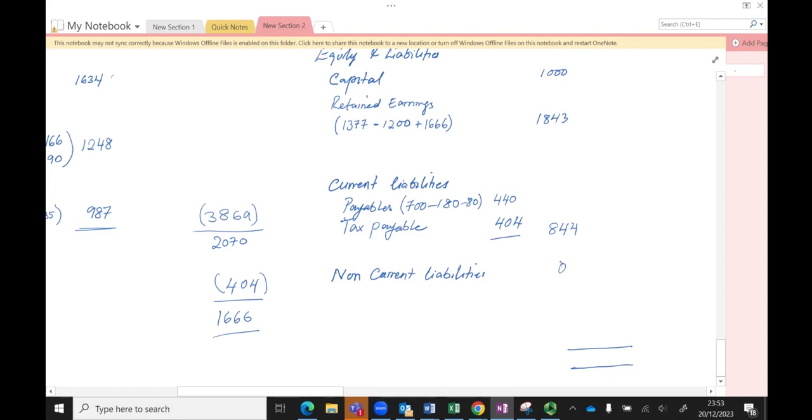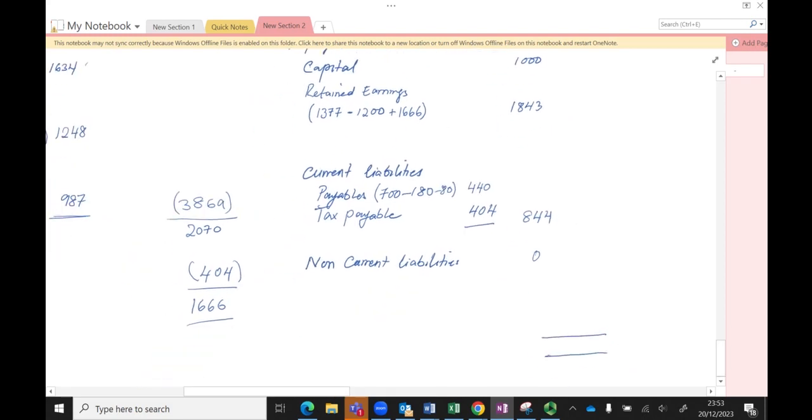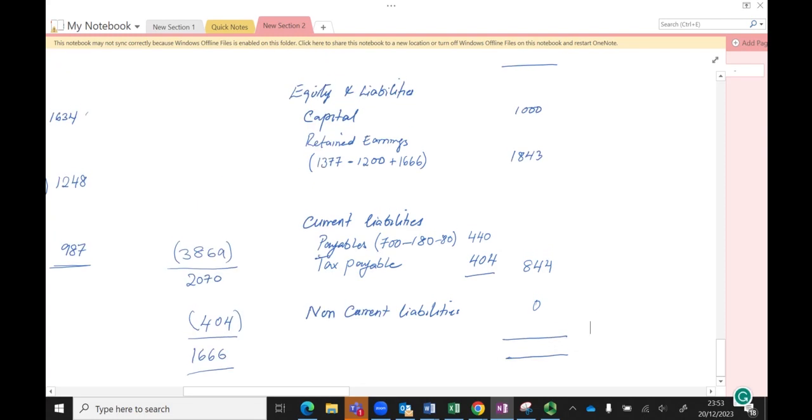There are no non-current liabilities. So if I add capital plus retained earnings plus current liabilities, the total will be 3687.